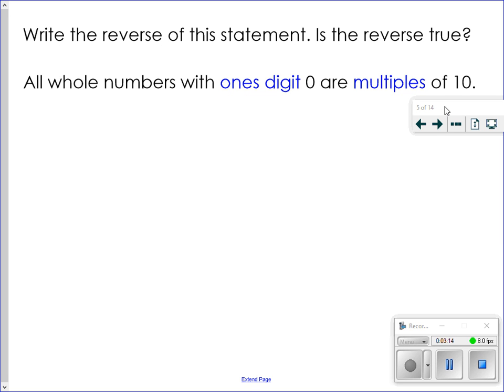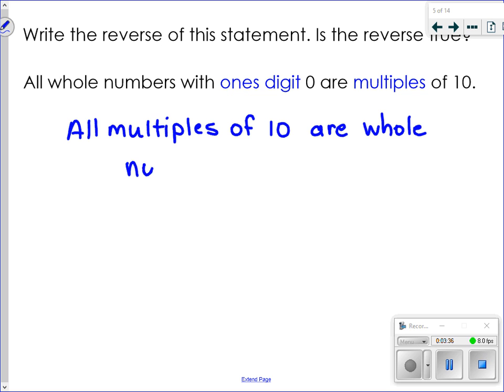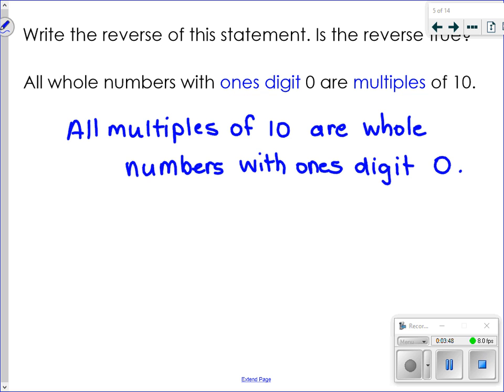What would be the reverse of that statement? Well, the reverse would be all multiples of 10 are whole numbers with ones digit 0. Is that statement true?